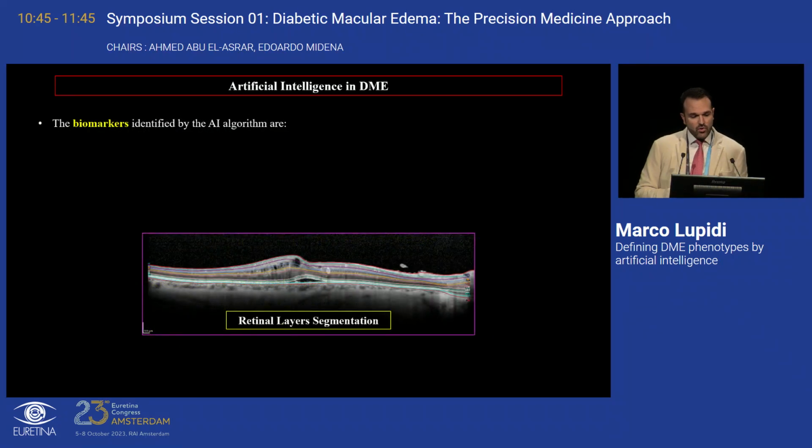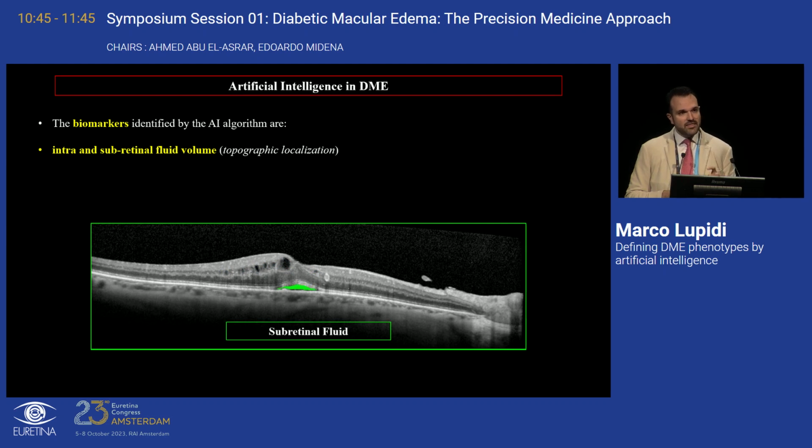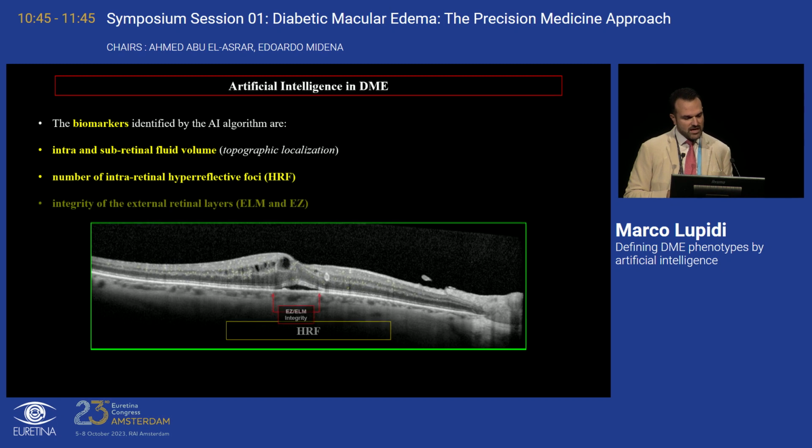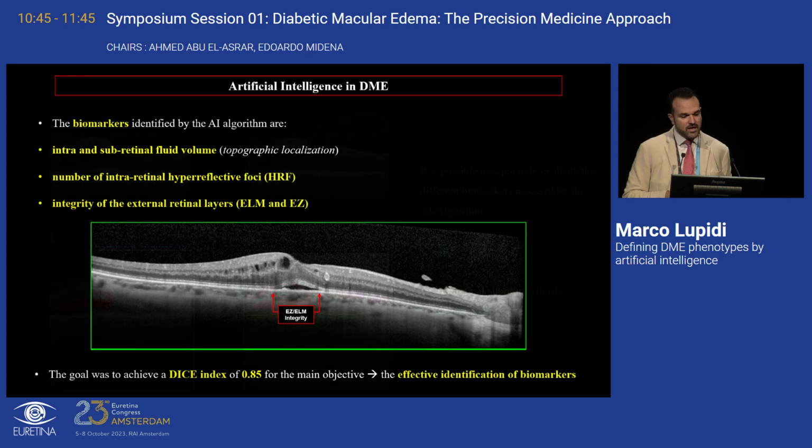And with this approach, we were able to outline different biomarkers by the AI algorithm, which are the intra and subretinal fluid, their volume and topographic localization, the number of hyperreflective foci, and the integrity of the external limiting membrane and the EZ.